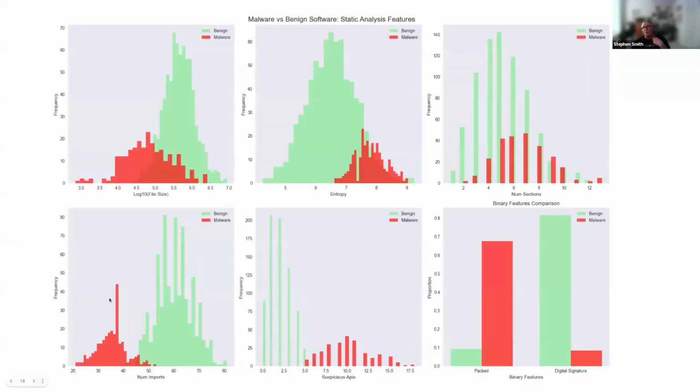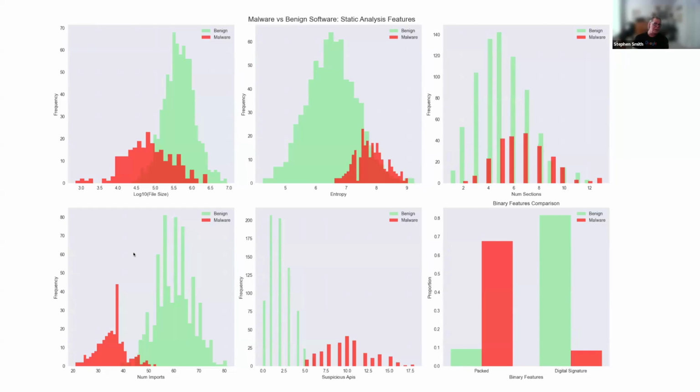All right. So again, this is another example that I created. We're going to talk a little bit about malware versus benign software and talk about static analysis. Remember, static analysis, we are not executing the malware. We're just looking at the characteristics of the file. This is somewhat similar to when we looked at network traffic: the big mountain is good and the stuff that's not in the big mountain is not good.